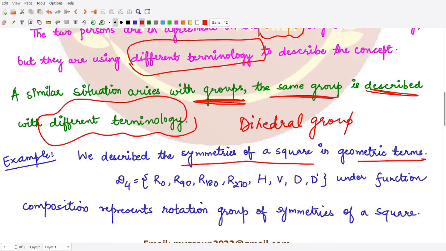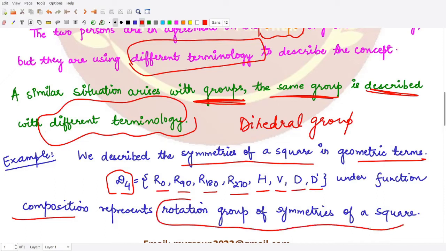We express its rotations via r0, no rotation at all, r90, anti-clockwise rotation by 90 degrees, r180, anti-clockwise rotation by 180 degrees, and r270, anti-clockwise rotation by 270 degrees. Then we have reflections about the horizontal axis, the vertical axis, the main diagonal, and the other diagonal. These 8 elements form the group D4 under composition of functions, which represents the rotation group of symmetries of a square. This is one terminology to define the dihedral group.